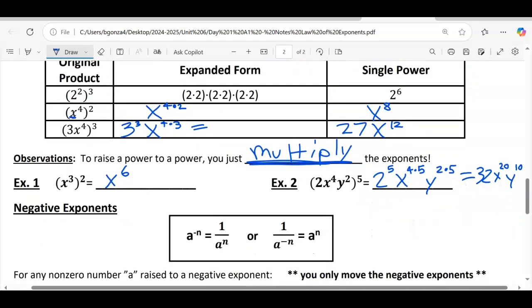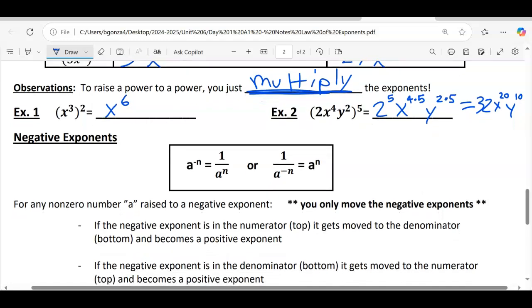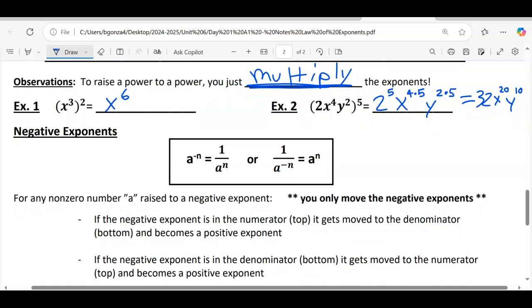All right. We got a couple more rules here. This next one can be a little confusing, but stick with me here. What if you have a negative exponent, okay? So watch this. If it's negative, all it does is make it hop across the fraction bar. If you have a negative on top, it's going to jump across the fraction bar to the bottom. If you have a negative on the bottom, it's going to jump across the fraction bar to the top, okay? So I want you to see this here.